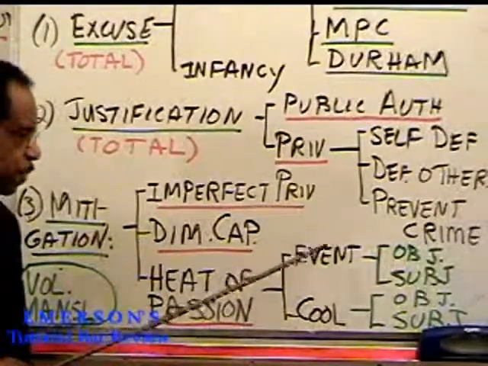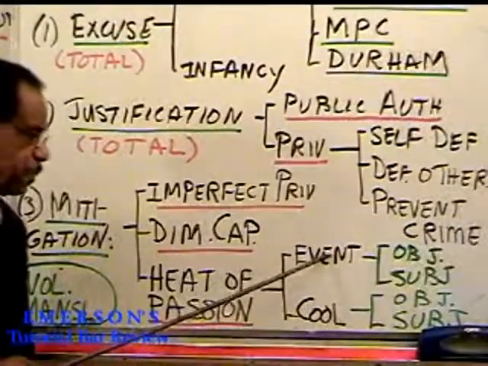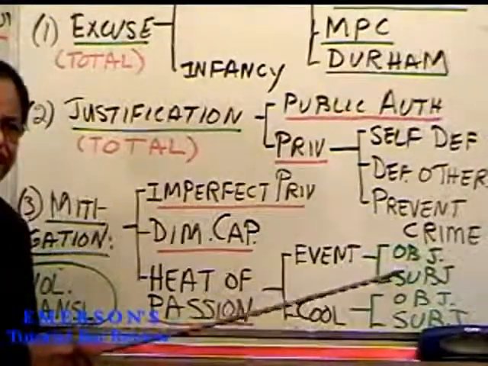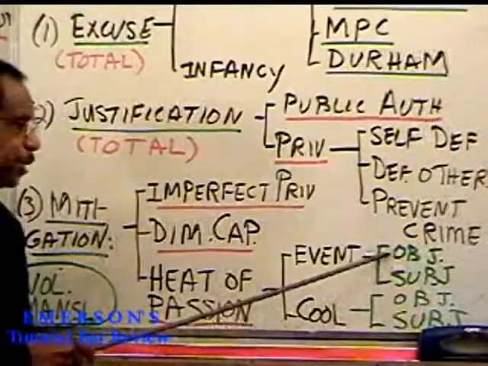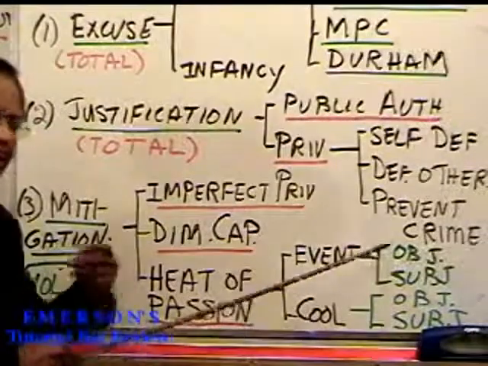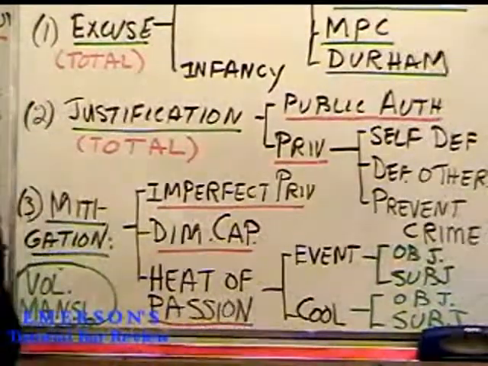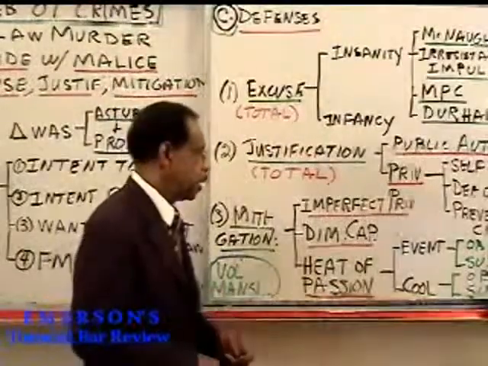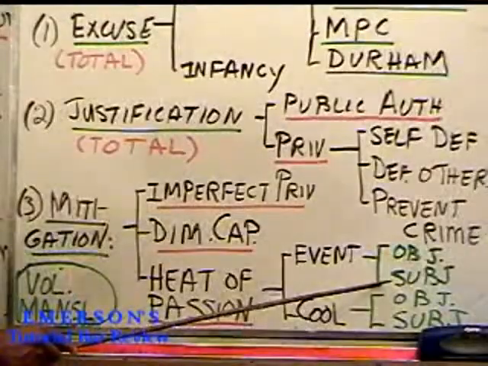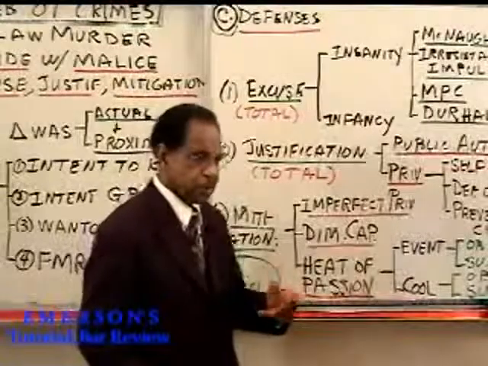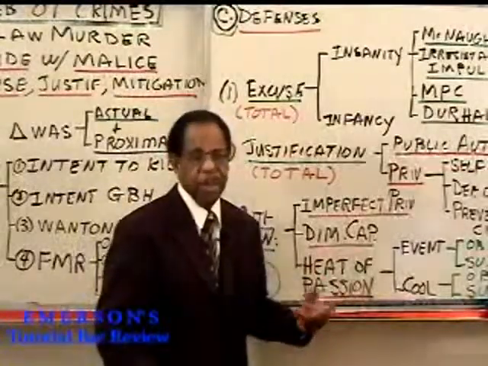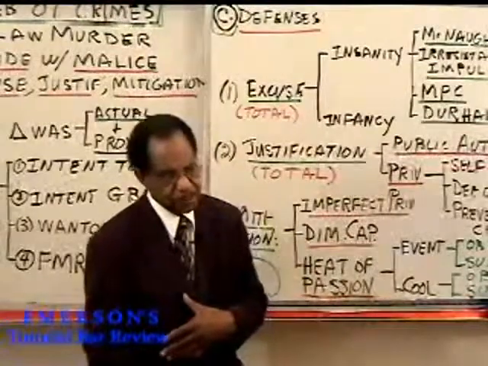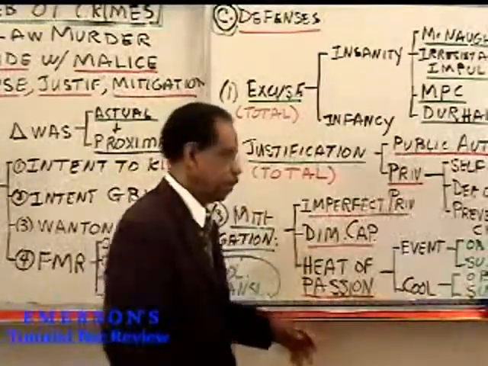This provocative event has to meet two standards, objective and subjective. The objective standard is saying that a reasonable person would have been provoked to this extent under these circumstances, and the subjective part is saying this person was personally, individually provoked to that extent. Would a reasonable person have been provoked that much, and was this person provoked that much?